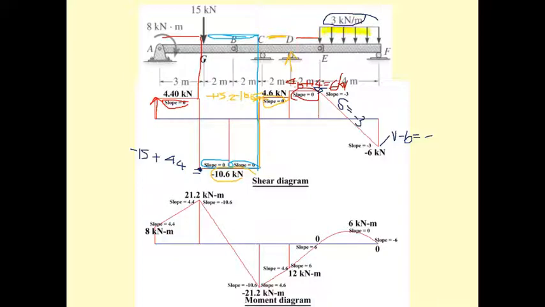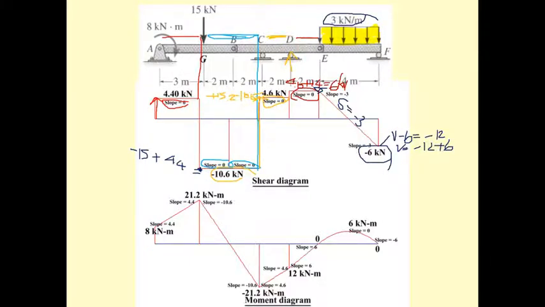The area is 3 times 4, that is going to be 12. So if you move here, it's going to be minus 12. And then minus 12 plus 6, you get minus 6 kilonewton.